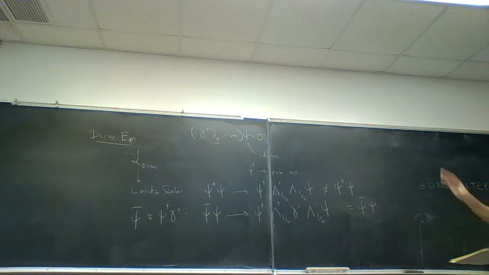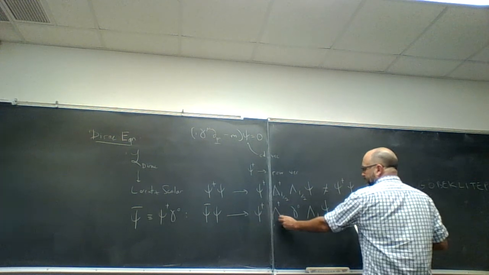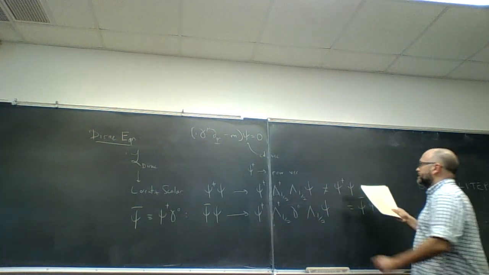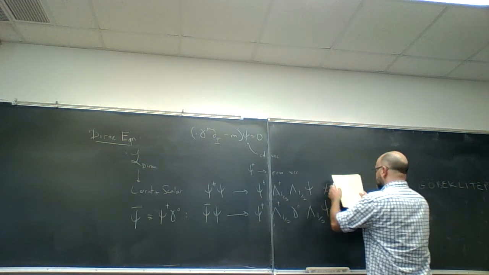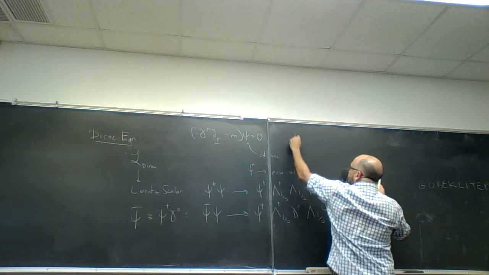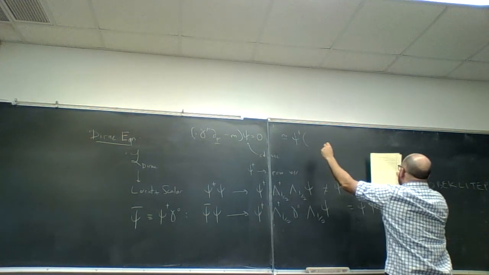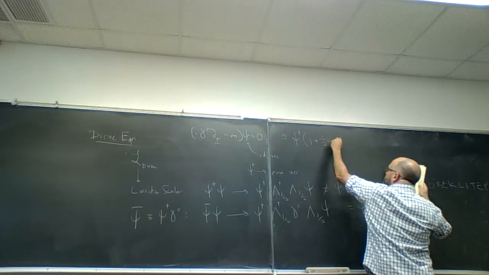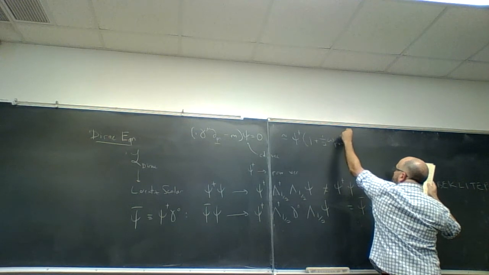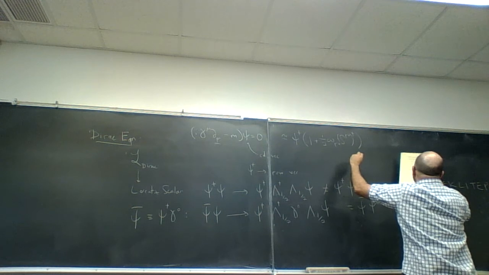But what I'm looking for is to be able to write down a Lorentz scalar. So the first thing I do is look at this. Let me look at it in the infinitesimal form because it's a little easier. That would look like psi dagger, and then lambda 1/2 squared, 1 plus i over 2 omega mu nu S mu nu, this thing daggered, and gamma 0.